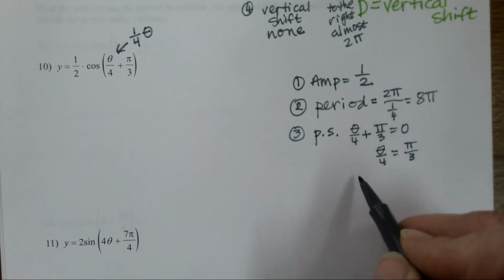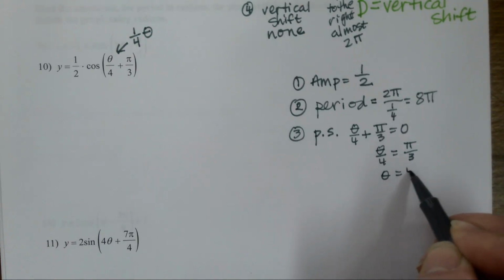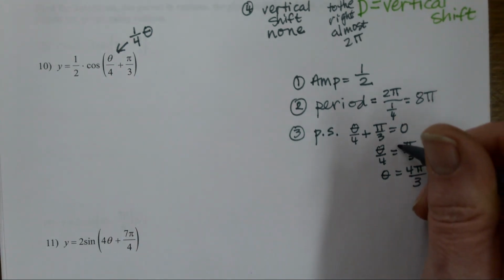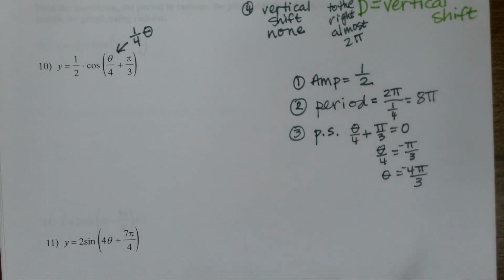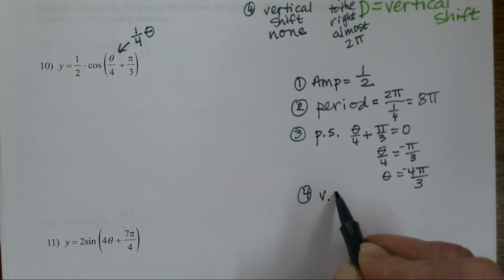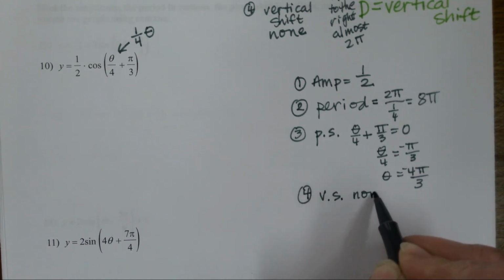And I will multiply by 4. And I didn't make it negative, so I'll go back in and fix my error. And then my vertical shift, none.